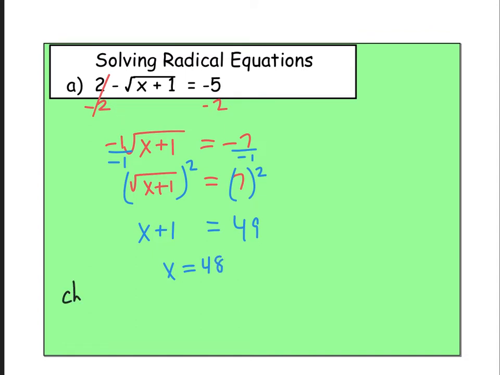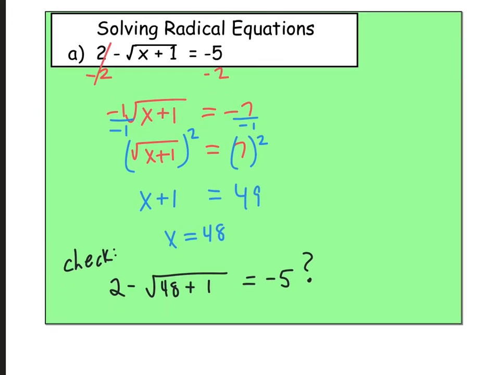I'm telling you right now, you do want to check all these out because, again, sometimes you get those extraneous solutions. Okay, how do you check an equation? Plug it into the original. Okay, so 2 minus the square root, x we're saying is 48, plus 1 equals -5. And since we're checking, we'll put a little question mark there and see, does this appear to be true?